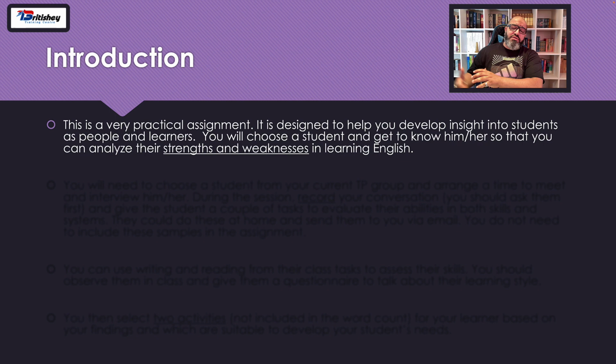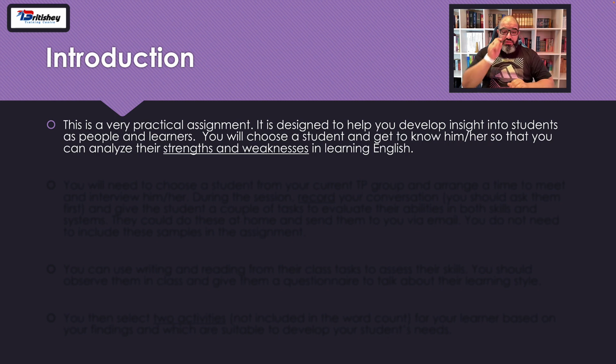In some other assignments, you will be asked to analyze a group of students, not only one student, okay? But there is no problem. Either we go with one student or a group of students. Nearly, it's kind of the same process, right? So this is all about analyzing students' strengths and weaknesses in learning English.